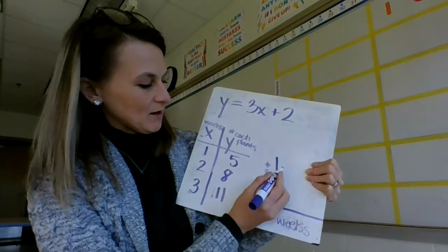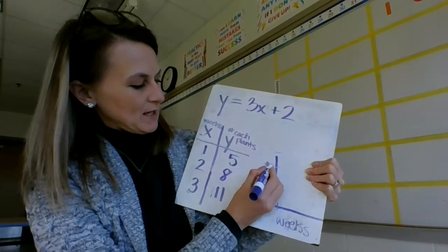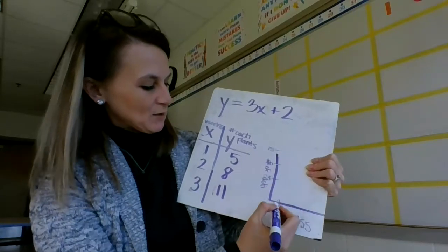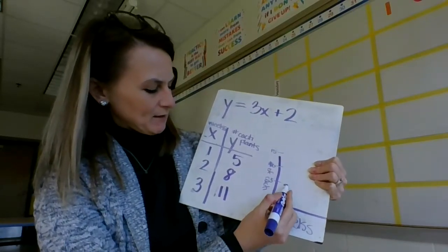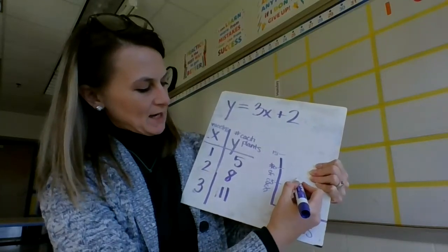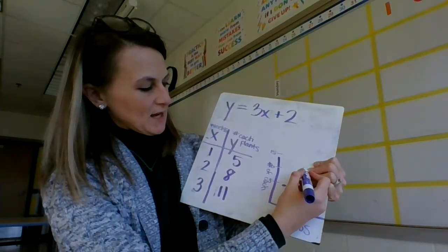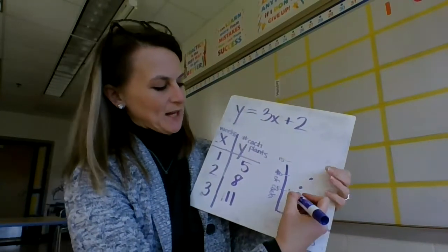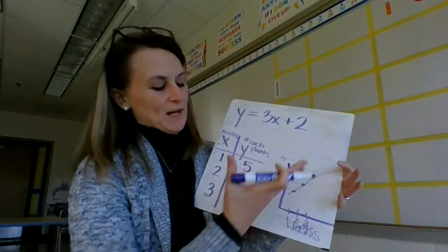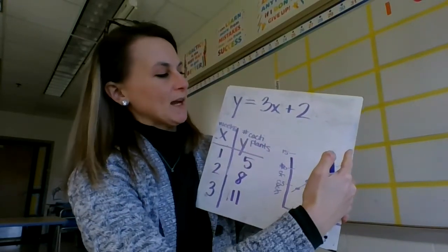So I'm just going to have it go up, let's say 5, 10, 15. Okay, so after 1 week he had 5 cacti plants. After 2 weeks, he had 8 cacti plants. After 3 weeks, it says he had 11 cacti plants. So it's increasing each week. It's going up. Okay, so as the weeks go up, the number of cacti go up.